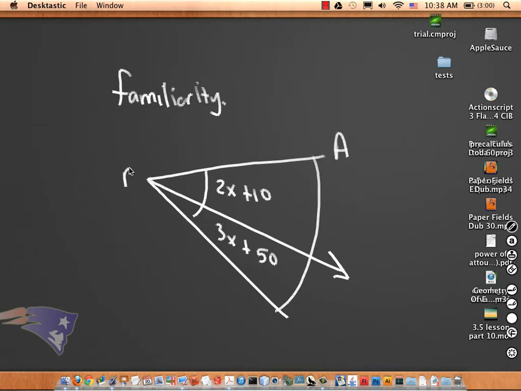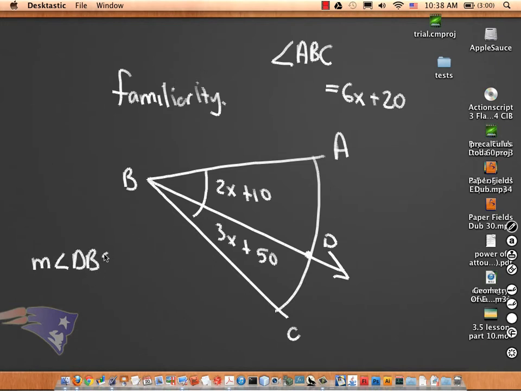Here's A, here's B, here's C, and this is point D. Angle ABC is equal to 6x, let's say plus 20, and I want to know what is the measure of angle DBC. What's the measure of angle DBC?